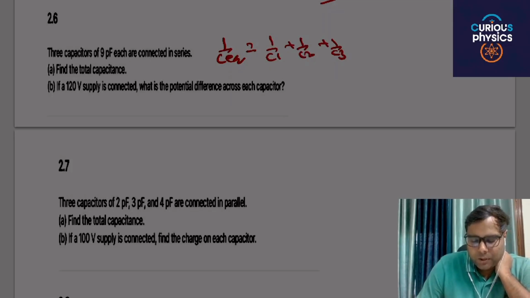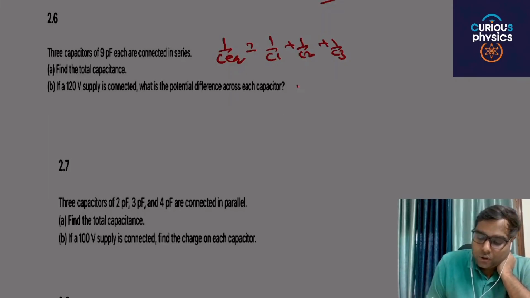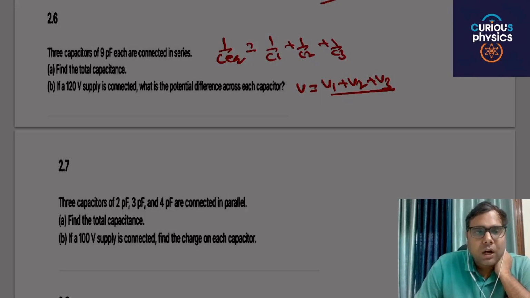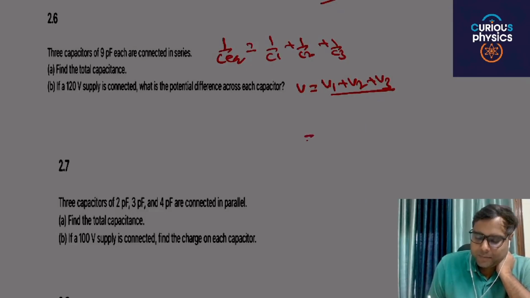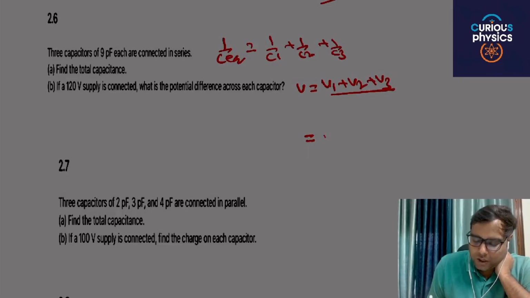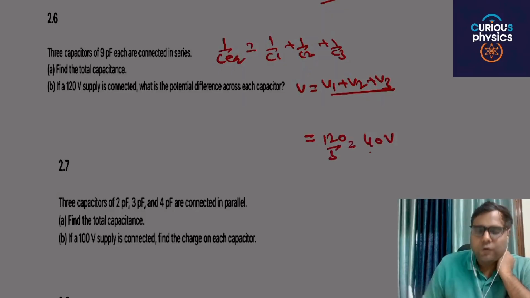In series combination, the potential will be the total sum of the individual potentials across the capacitors, and since the capacitance is the same, the potential will be the same across each: 120 by 3, which is 40.